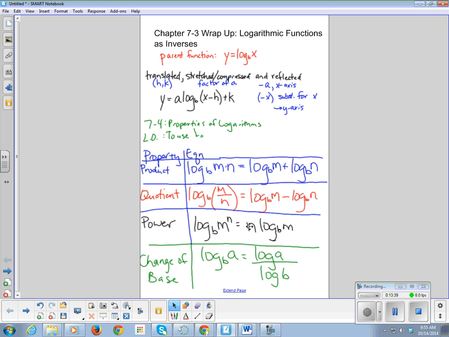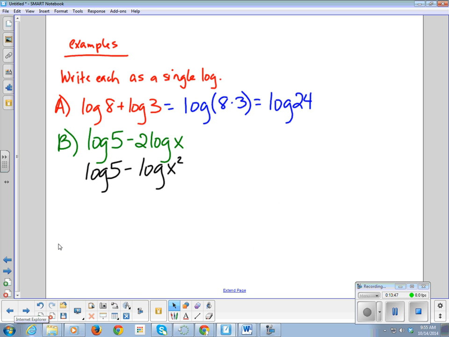So if I have a value multiplied on the outside of the log, I can write it as an exponent. So now that I have this, we can backtrack. We know that when you have subtraction, that means division inside the log. Log of 5 over x squared.